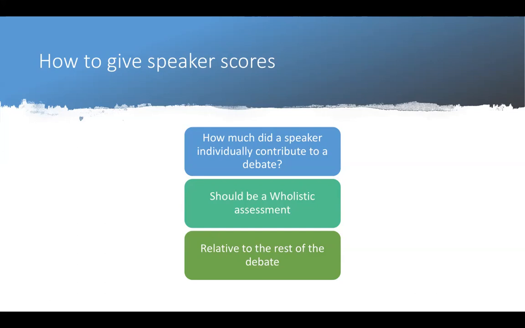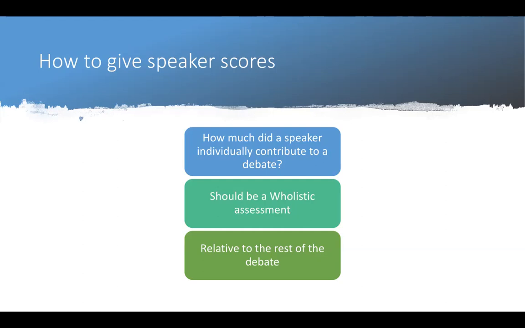The second thing is that speaker score should be a holistic assessment of a speech. You should not be giving points for them ticking certain boxes in a speech. You should not be taking away points because they made a particular error in their speech. Speaker scores is not about what exactly you're doing in your speech, which is categorized as a 75 or a 76.